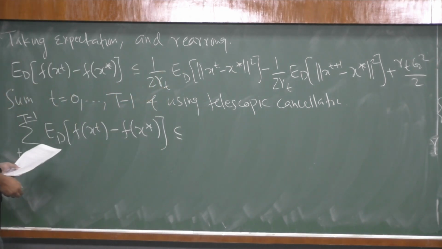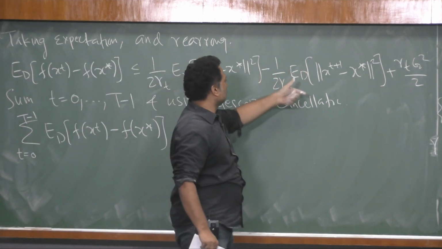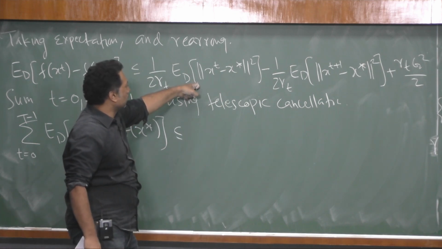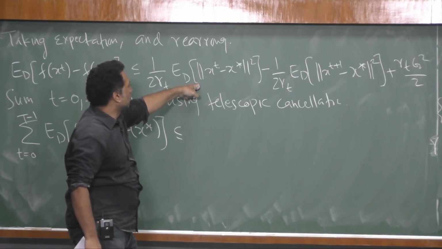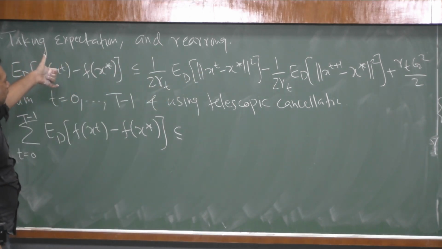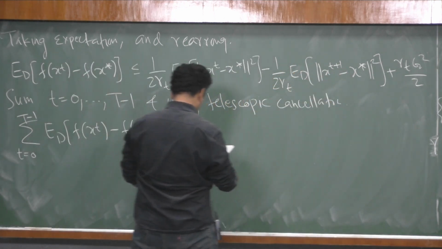What will happen is that these terms are the same, even the constants are the same. So obviously the inner ones will get cancelled. The last term will remain with the capital T, and the first term with x0. So x0 minus x star will survive, and xT minus x star will survive.